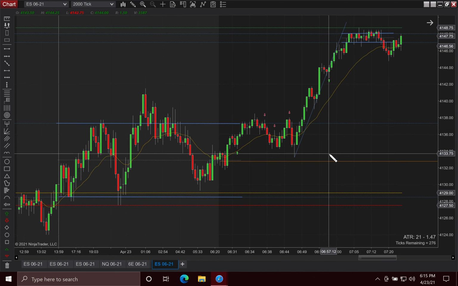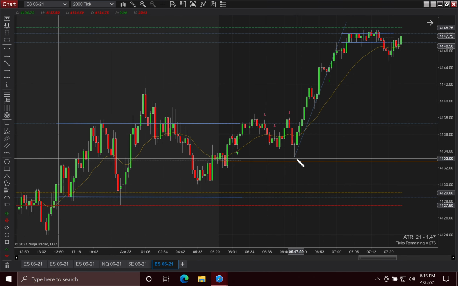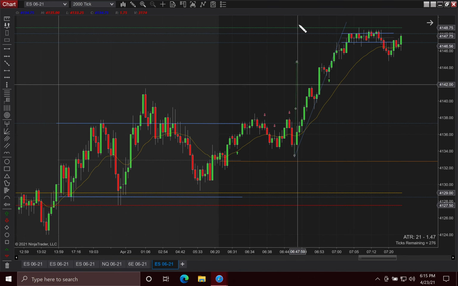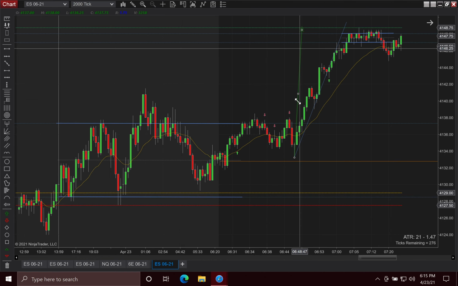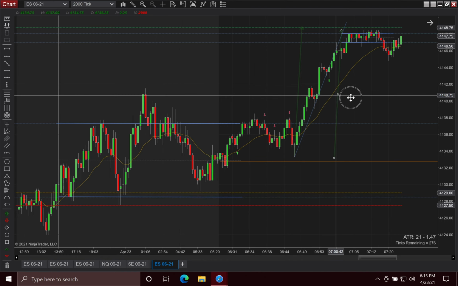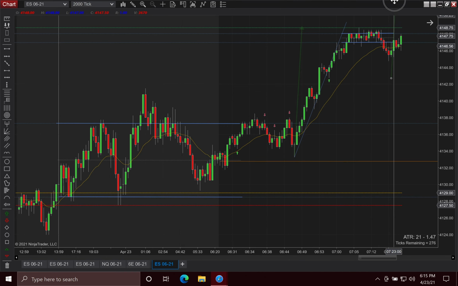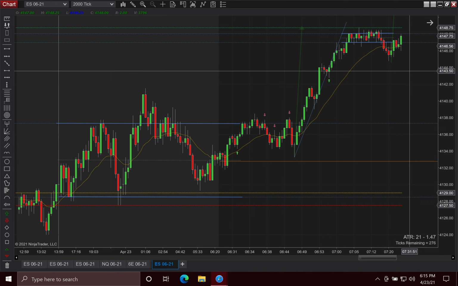But what I will look for is, let's see if we can get some measured moves going. So we have maybe a leg 1. And then a possible leg 2. So maybe we're going to get another leg up to there if we do continue.